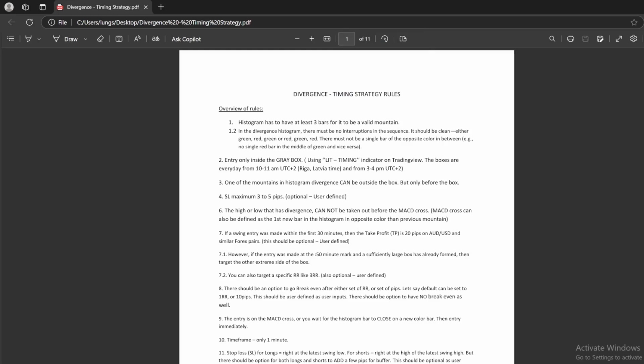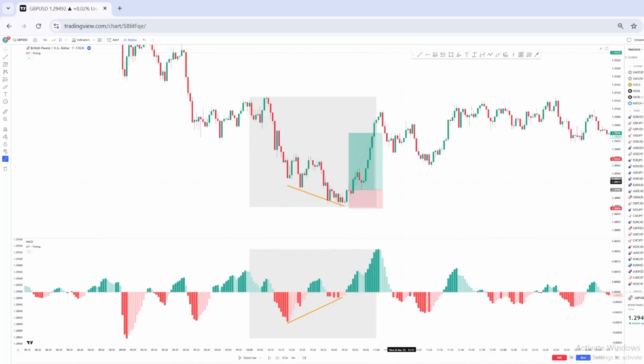Divergence comes second. So if you can see, this type of trades are happening basically almost every day on one currency pair. Okay, so I only trade GU right now because I have backtested it and it has shown good backtest results.